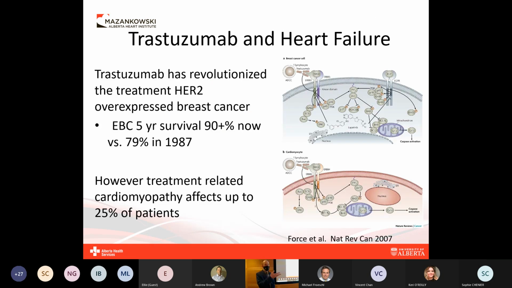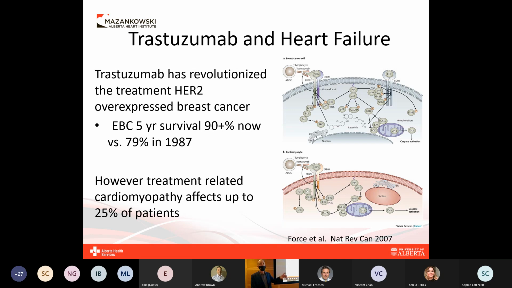And then earlier in the presentation, I mentioned Trastuzumab, which is a monoclonal antibody against the ERBB transmembrane receptor. It's a receptor that's largely used to regulate function in the heart and other organs. And this receptor gets overexpressed in about 25% of breast cancer, and it's a high risk marker for metastatic disease.